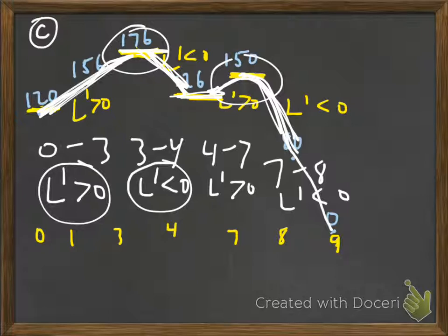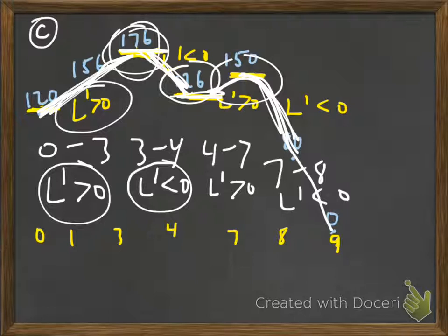To get from 120 to 176, L of t must be climbing, and L of t increasing means that somewhere in that interval L prime has to be greater than 0. At time 3 you're at 176, and at time 4 you're down here at 126. Up to down means you're decreasing on that interval, so L prime has to be negative somewhere on that interval.